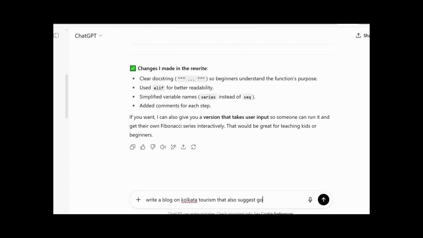Here's another example of a contextual prompt, where we have given it a prompt like, write a blog on Kolkata tourism that also suggests good tourist places in Kolkata along with commute details.